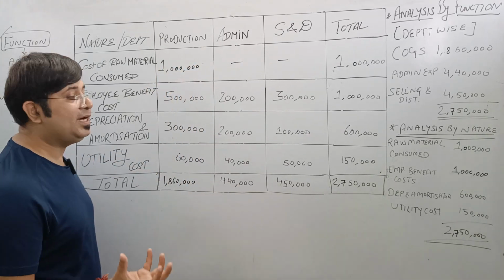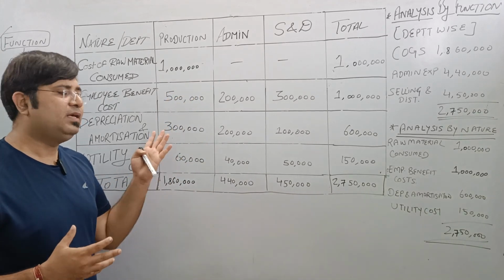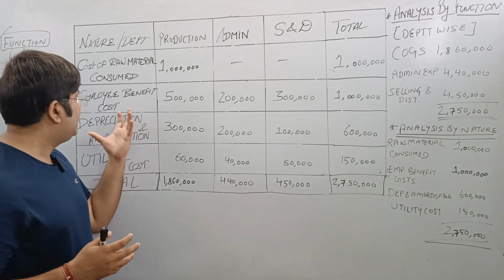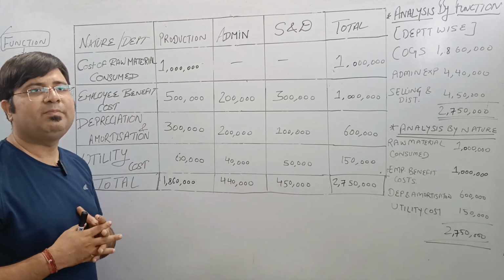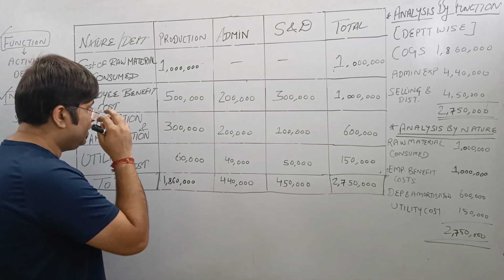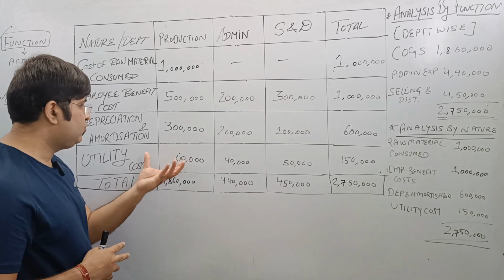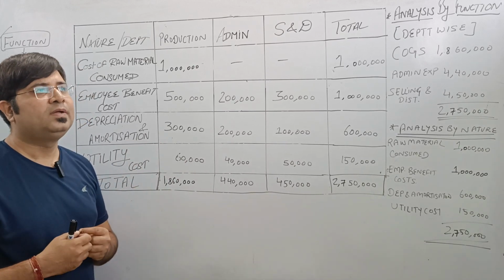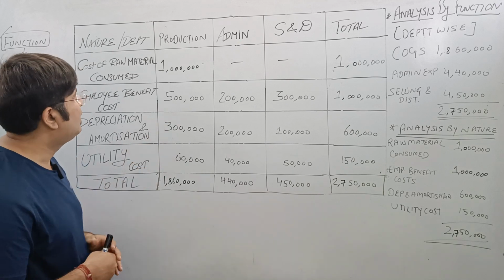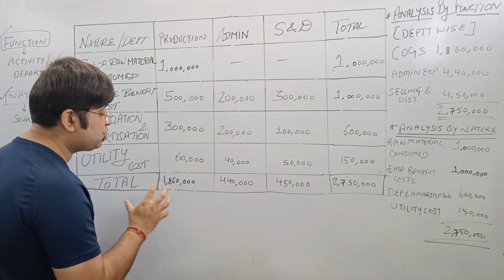Then how much is paid to employees, mainly workers in the factory, but it includes all employees. Then there is the amount related to depreciation and amortization, and utility cost means the water charges or electricity charges. All the combined cost of that department is 1.6 million.